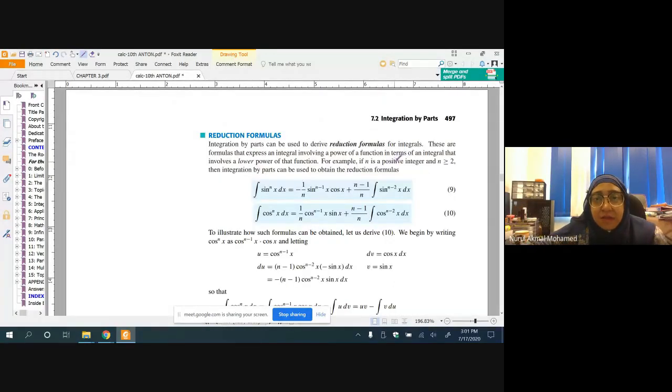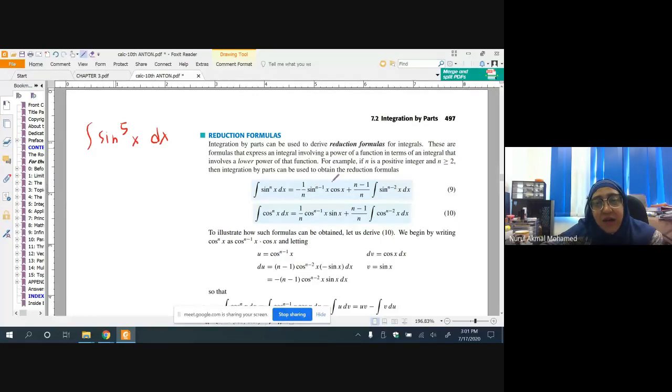Next one, reduction formula. Reduction formula is for the trigonometric functions sine and cos. So for sine, let's say you have sine to the power of 5 x dx. This is not something that you can solve easily.